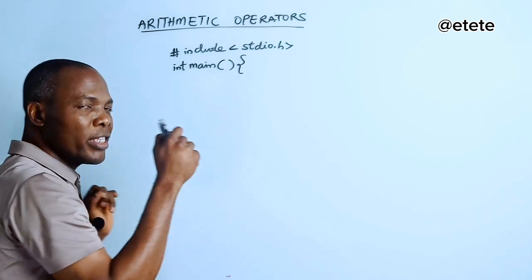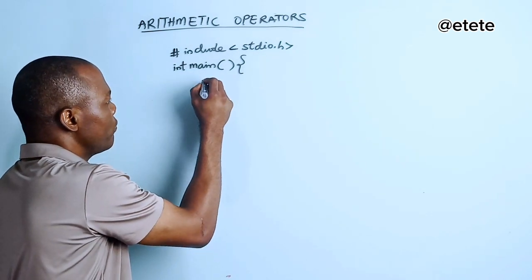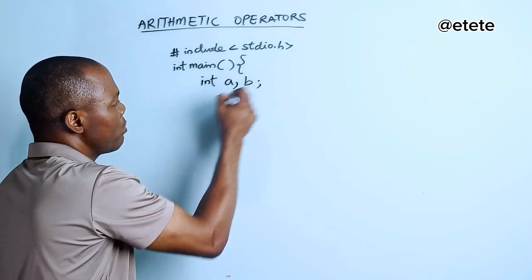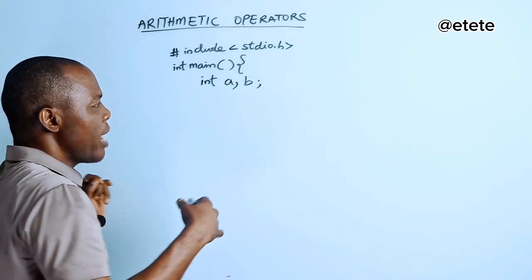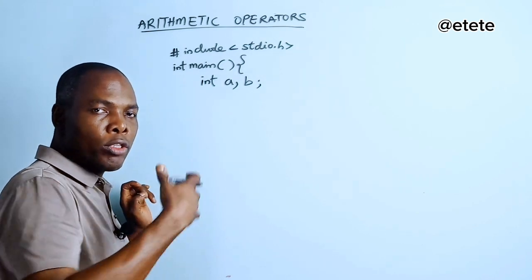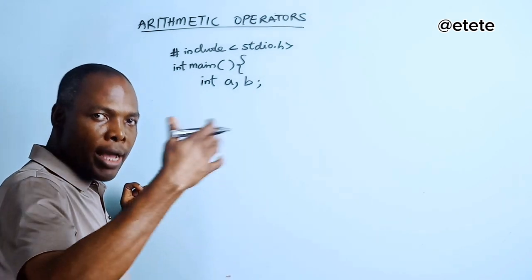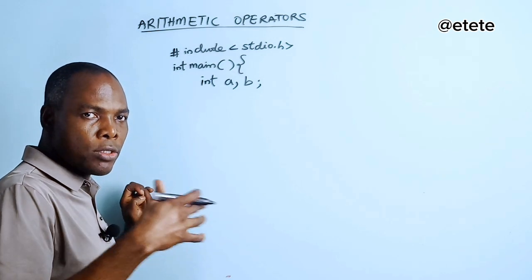Here I'm going to create 2 variables. I will declare 2 variables in the integer realm, int a and b, but I'm not going to initialize them. I want you, at the point of executing this program, to enter the value for a and then enter the value for b, and then the arithmetic operators will now act on them.